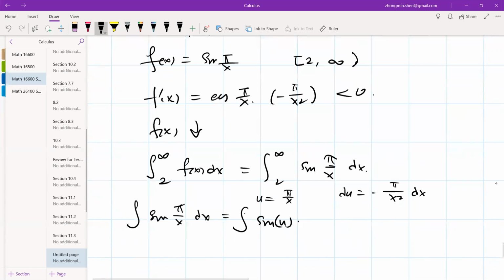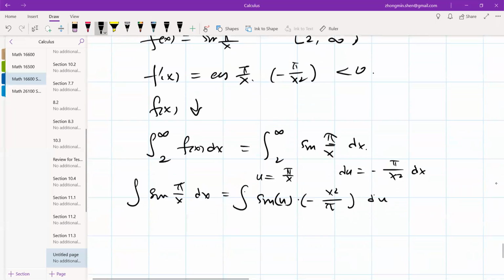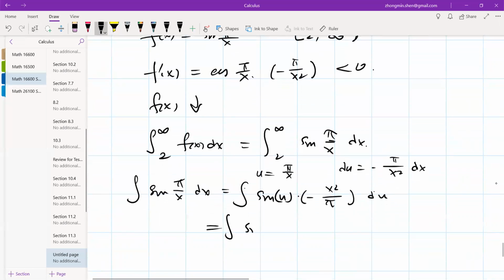As you see, we are getting some trouble here now. Right? And pi x squared is going to be u squared. So x squared here is going to be pi squared and u squared.